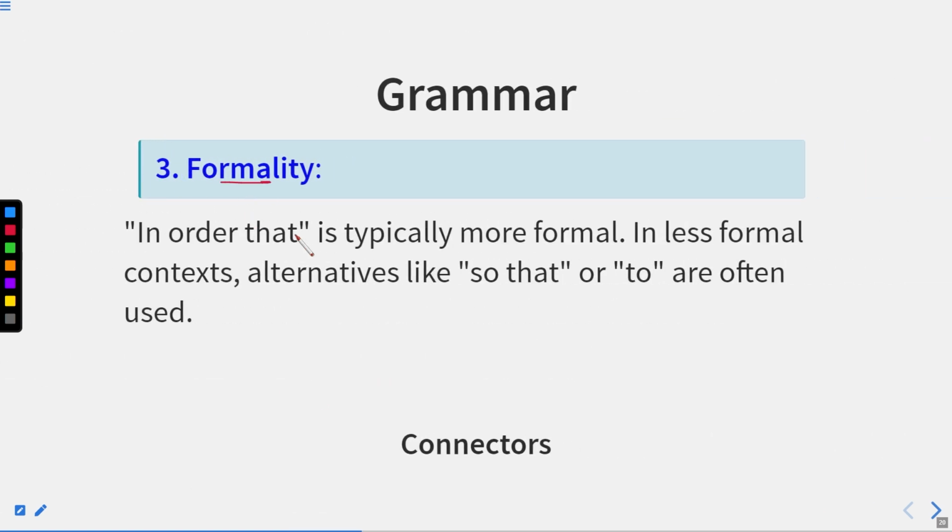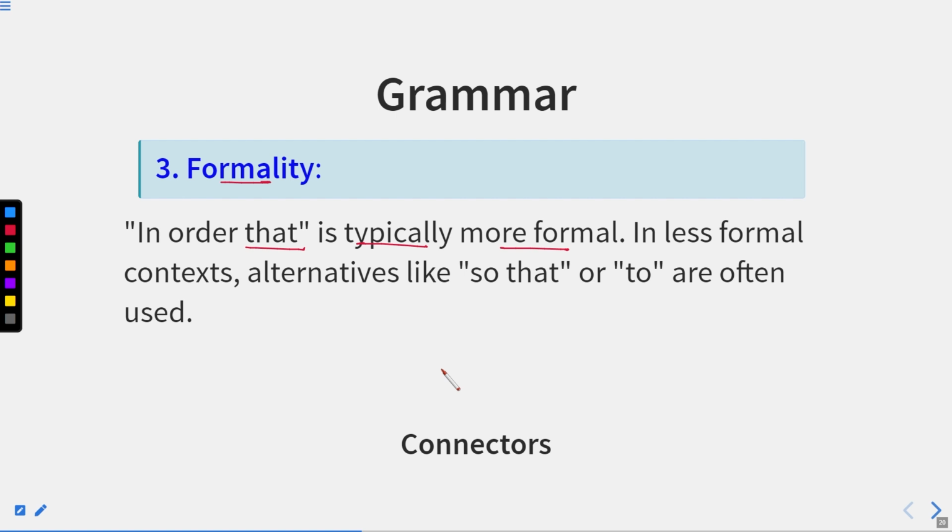Now, formality. In order that, it's typically more formal. Now, what happens when we speak regularly or in our day-to-day communication? We use normal English. We don't use hard or difficult words, or many conjunctions. In fact, we select a few of them and we frequently use those conjunctions.